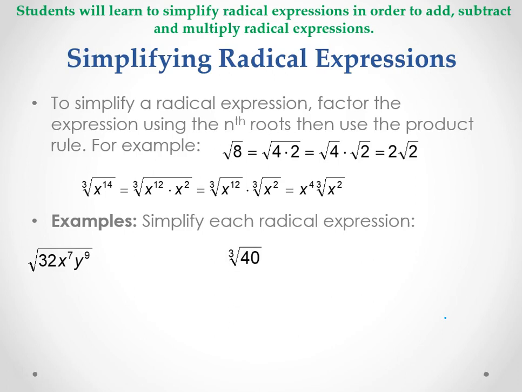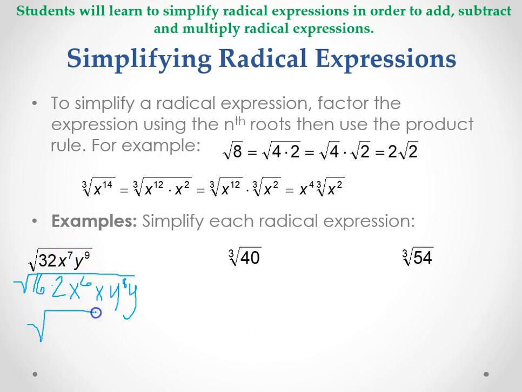So then we have the square root of 32 x to the 7th and y to the 9th. Well, 32 is 16 and 2. And then x to the 7th is going to give me an x to the 6th and an x. y to the 9th is going to give me y to the 8th and a y, because 6 plus 1 is 7, 8 plus 1 is 9.